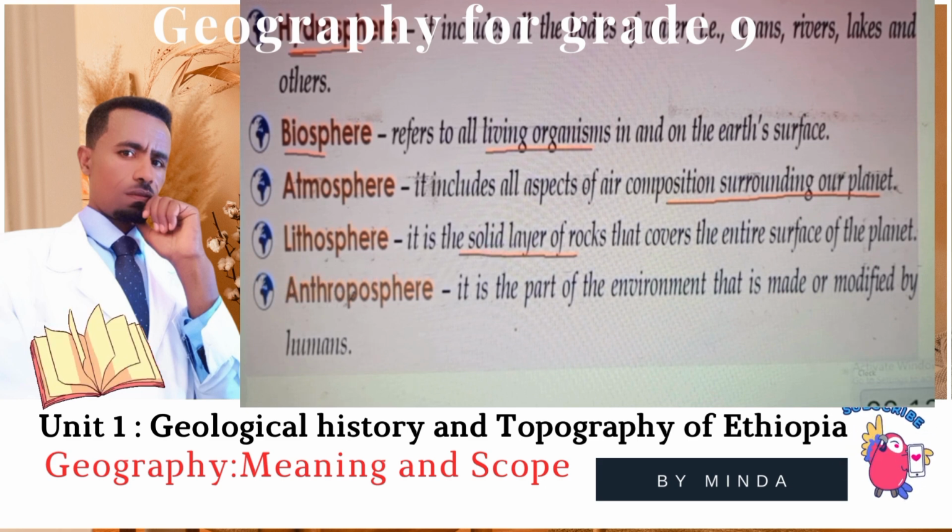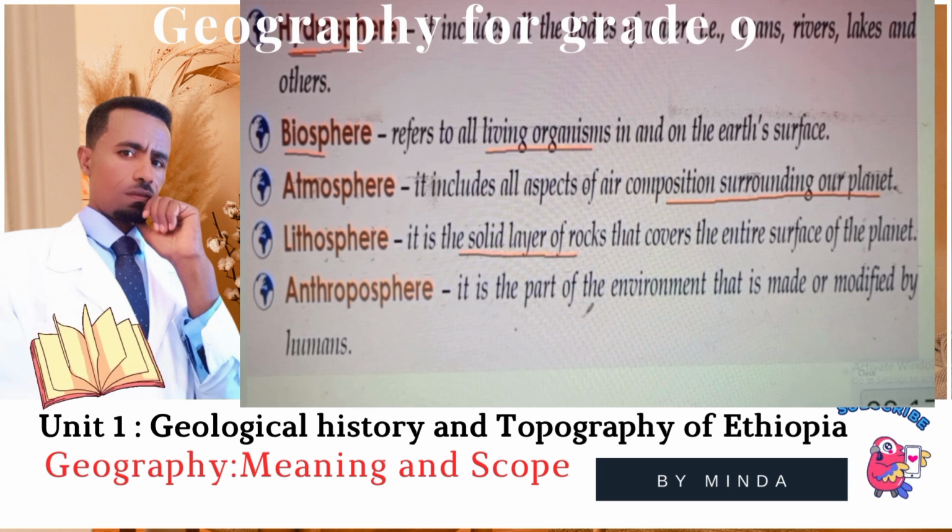Another important component or scope of geography is known as anthroposphere. Anthroposphere is the part of the environment that is made or modified by humans.